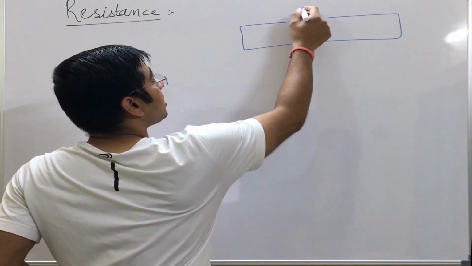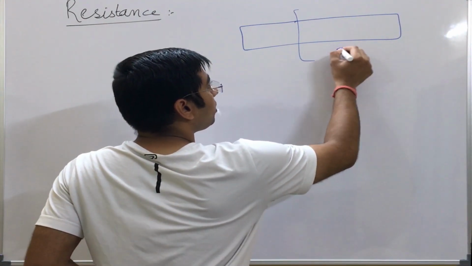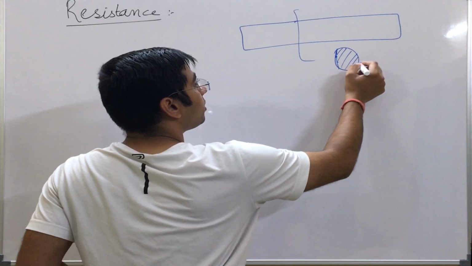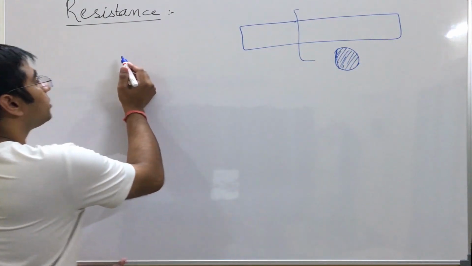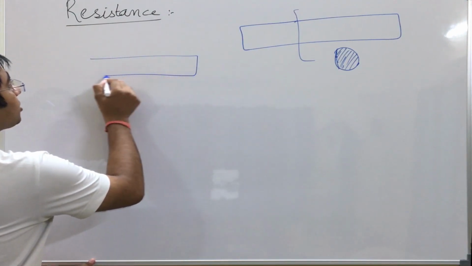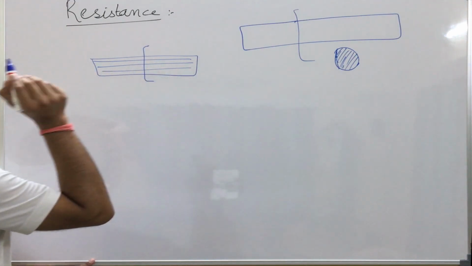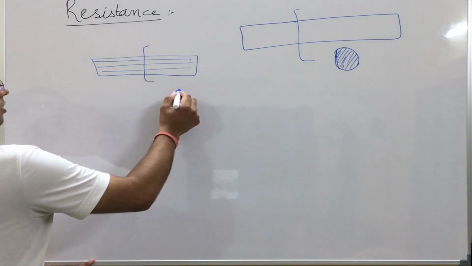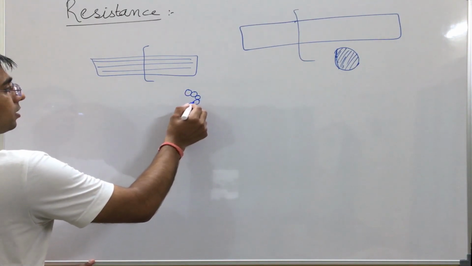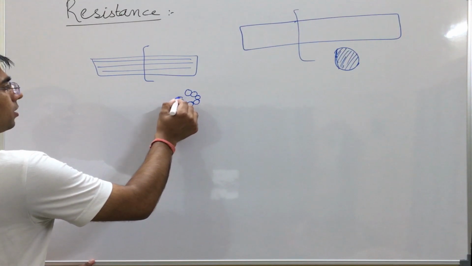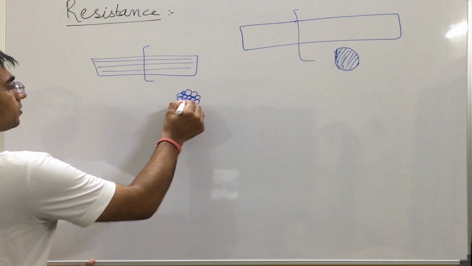If I take a section of a totally solid conductor, it will be fully solid. But if I take a section of a stranded conductor, what will I see? I will see various strands, like this.